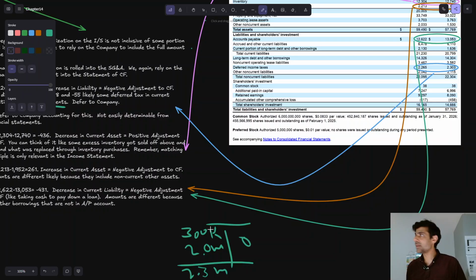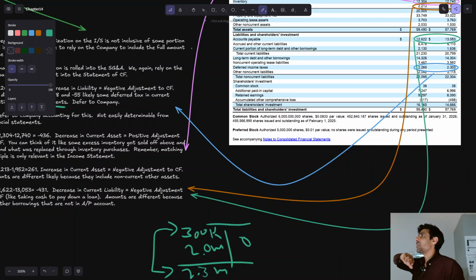Zero, right? So in this case, we had an increase in a current asset, and we can't just rely on the net income, because it's overstated since we actually didn't collect any cash. So this increase related to what, a positive or negative adjustment? If we started with 2 million in net income, we're seeing here that we have zero cash flow.